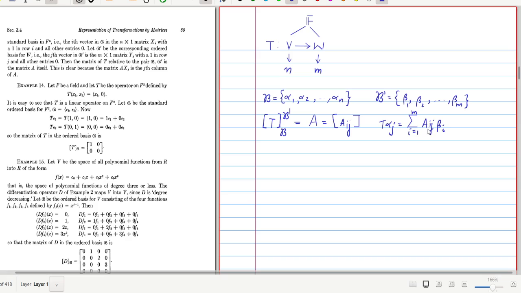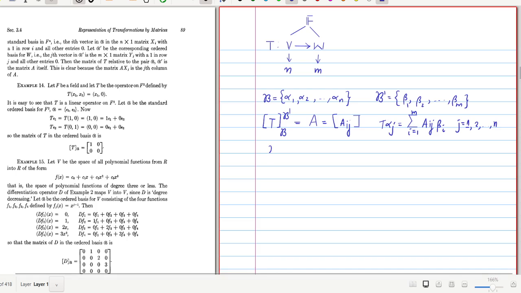Okay, so this is A11 beta 1, A21 beta 2, and so on, and this is true for j equal to 1, 2, 3, etc., n. So this defines the entries of that matrix A. So this is the matrix representation.